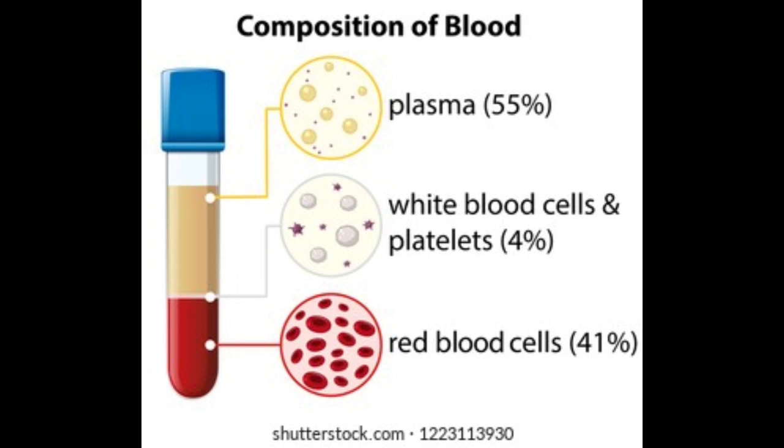The white blood cells are the defense against foreign bodies and pathogens in our body, and make up 4%. The red blood cells make up around 41% of our body.